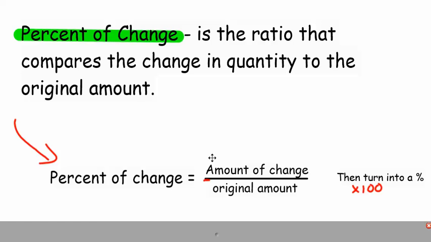You never want a negative, you're always going to have the absolute value of that change, over the original cost. Once you have that, you divide those two numbers and multiply by 100, which turns it into a percent.